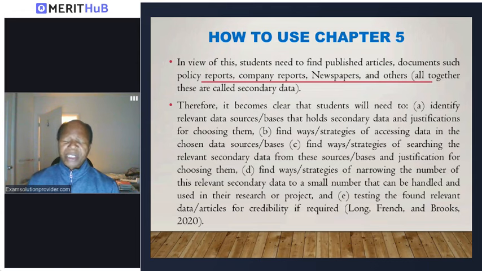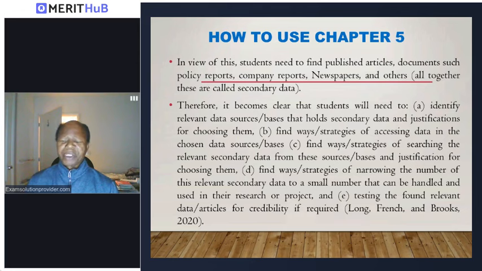B, find ways, which are also known as strategies, for accessing the data in the chosen data sources, which are databases. So how are we going to access the data in the identified databases? C, find ways, again called strategies, of searching for the relevant secondary data from these sources. And again, you need to justify choosing them. All this will become clear as I go through this student's example.